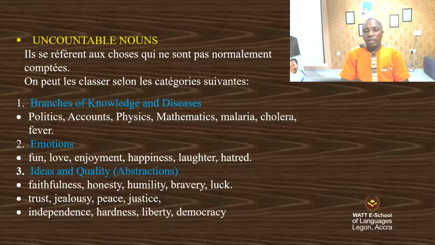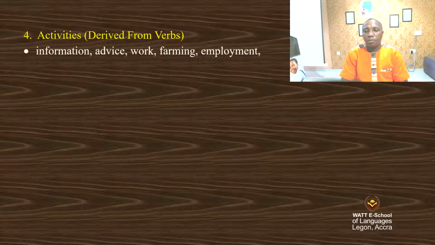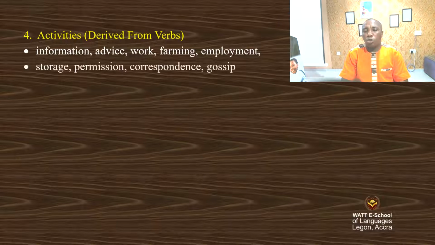Let's proceed with nouns under activities that derive from verbs. Activity, that is verbs. From them, we have information, advice, work, farming, employment, storage, permission, correspondence, gossip.